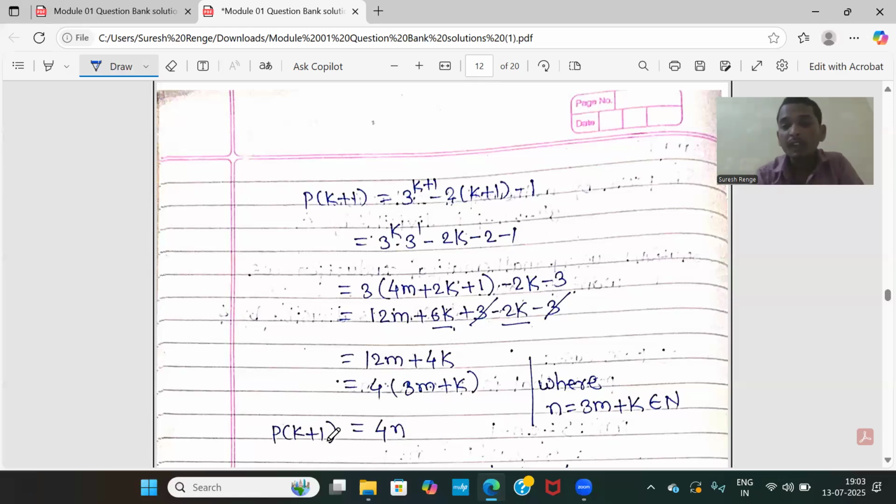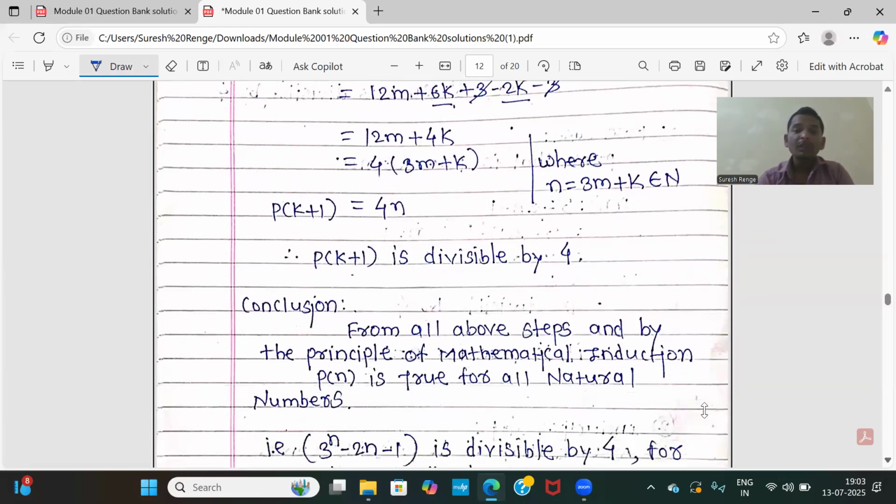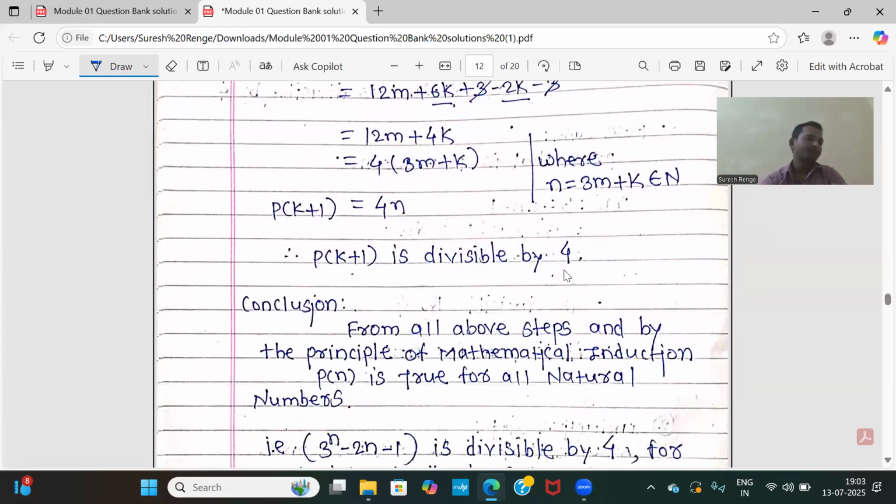This means P(k+1) is divisible by 4, which means P(k+1) is true. From all the above steps, by the principle of mathematical induction, P(n) is true for all natural numbers.